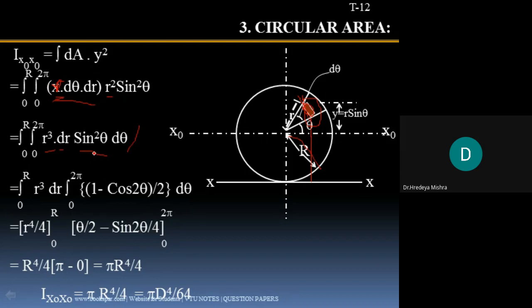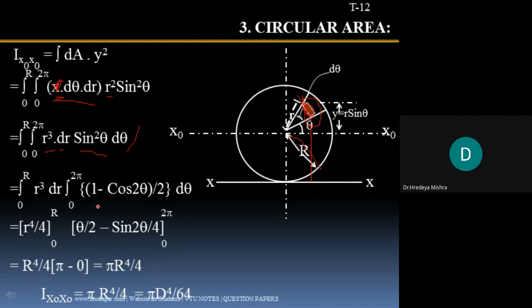So this is the value. Now first we do the dr, means integration with respect to r. So here r cube dr, and in bracket 1 minus cos 2 theta divided by 2. This is the formula for sine square theta. Sine square theta is 1 minus cos 2 theta divided by 2.